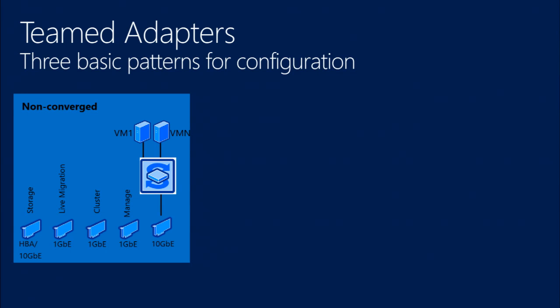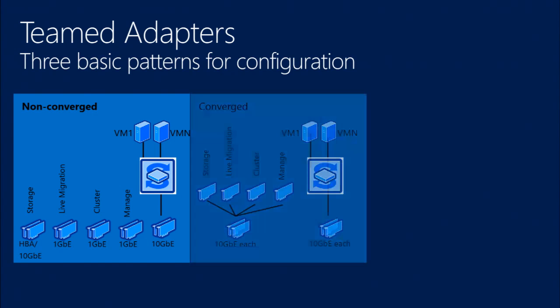Now, that works fine for cheap 1 gig adapters. It's kind of a cabling nightmare, and as you start to team, it gets more expensive, with more cabling. And as 10 gig adapters become more prevalent, you don't want to devote a 10 gig adapter to your cluster heartbeat, because it's a waste of that adapter.